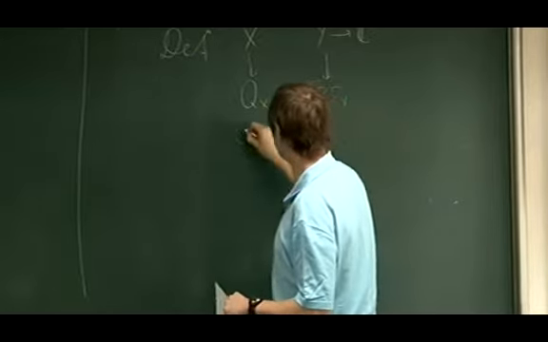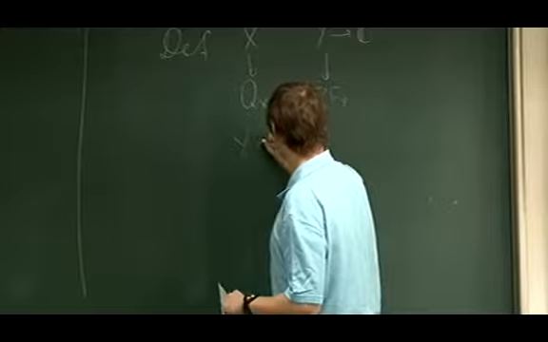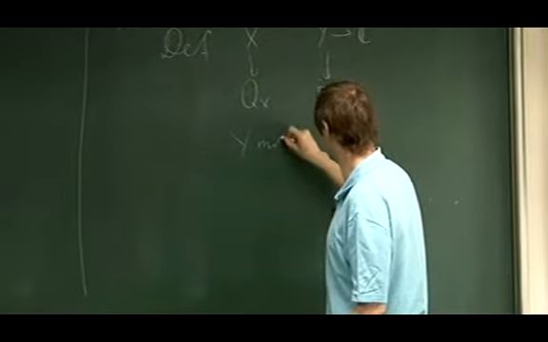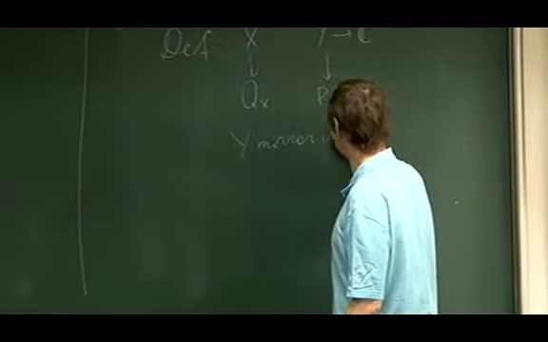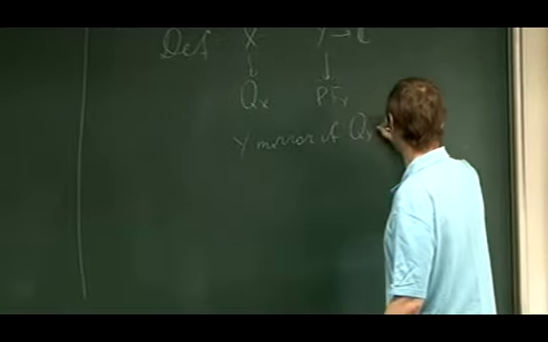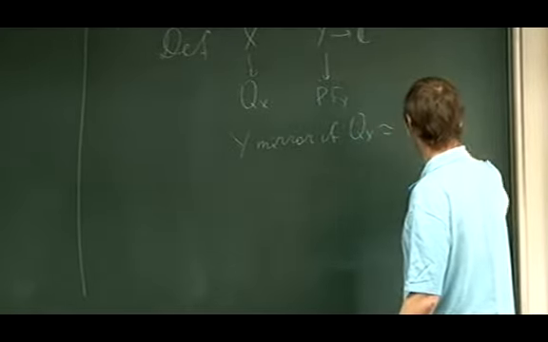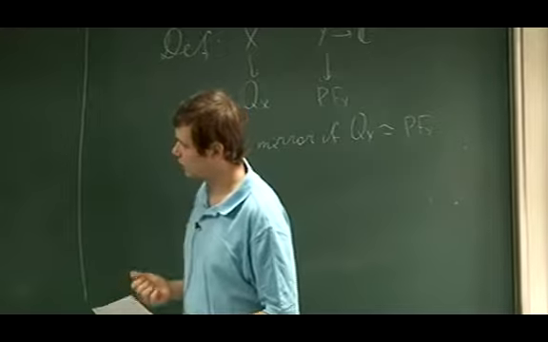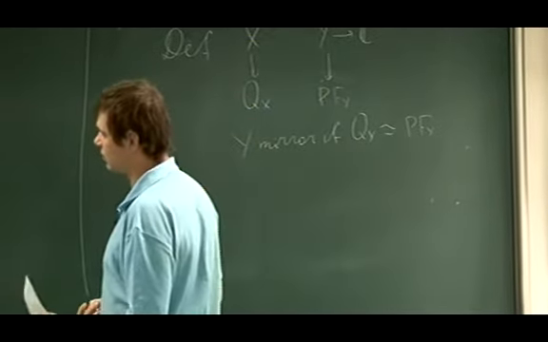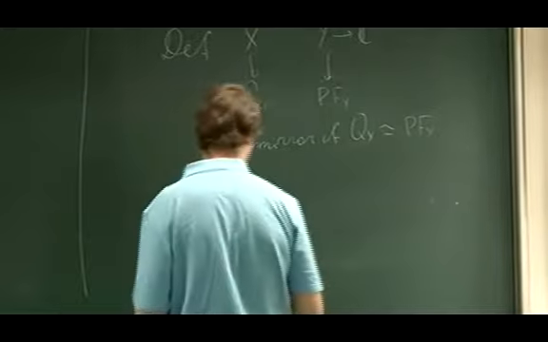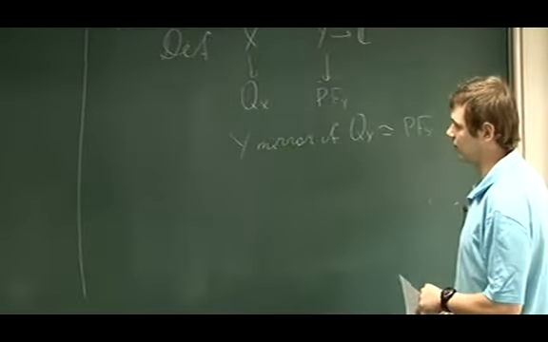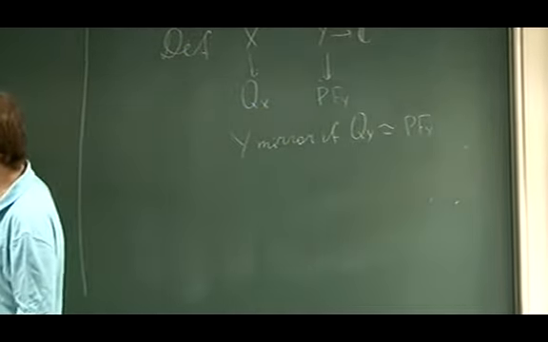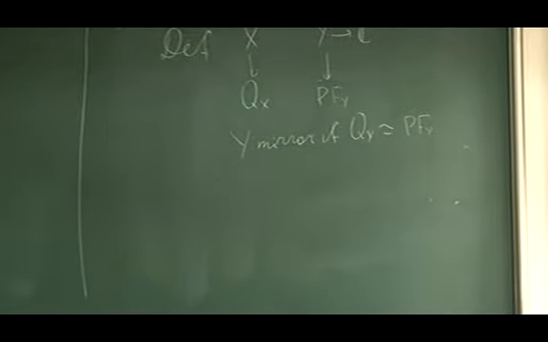And we say that Y is mirror for X if these modules are isomorphic. But in this case, just by definition, we see that we actually need not the whole pencil, but the fibrous open part.